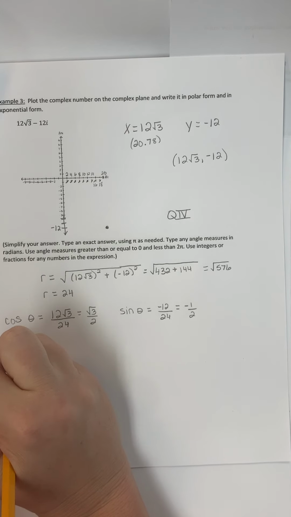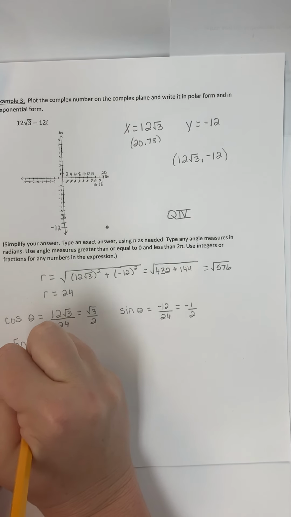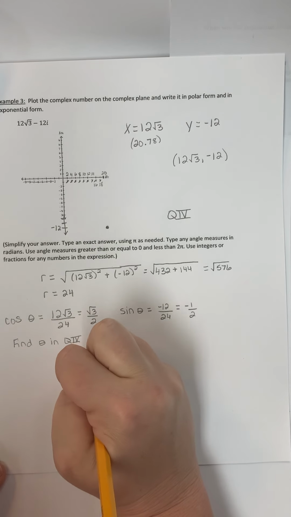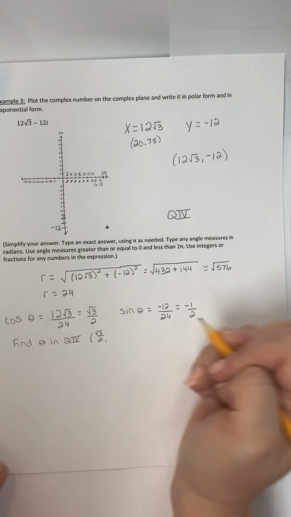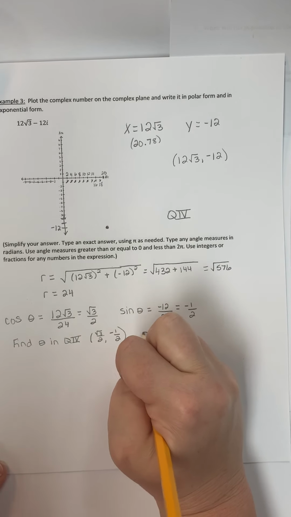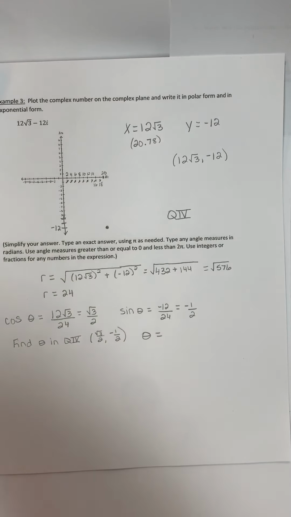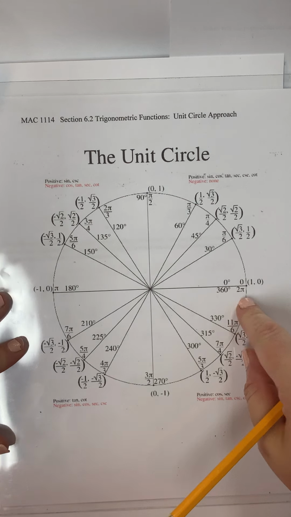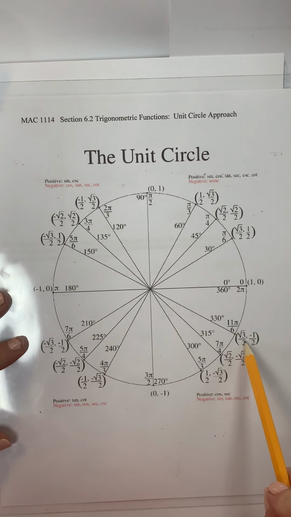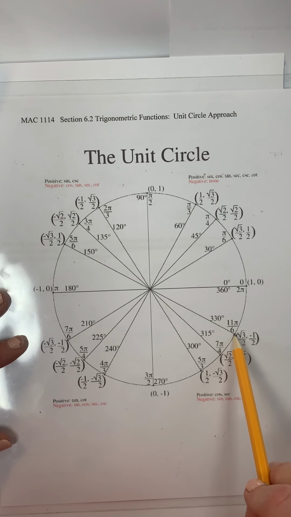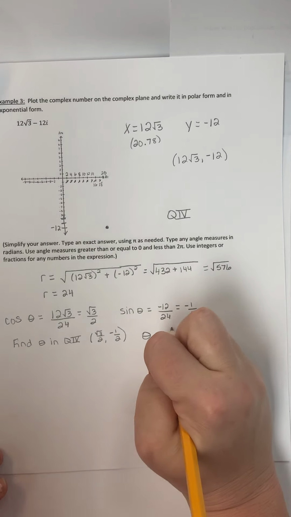So now I'm going to find a theta in quad 4 that has the point root of 3 over 2 and negative 1/2. Okay, so I'm going to take my unit circle. I'm going to look in quad 4. I'm looking for root of 3 over 2, negative 1/2, and I want the radian measure. It's 11 pi over 6. That is going to be my theta.